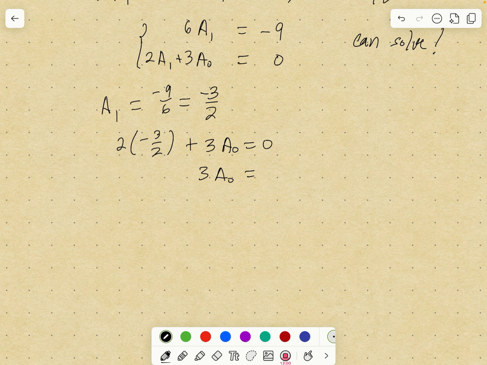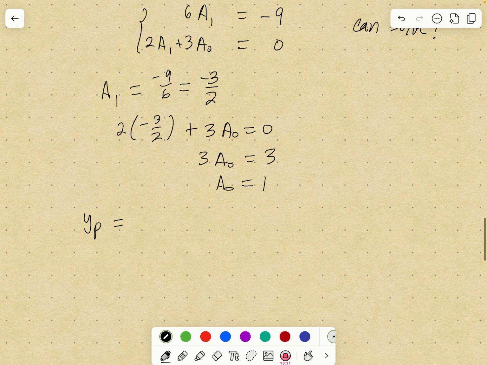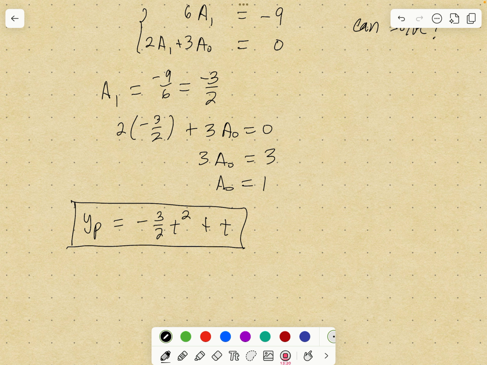Is that right? Yeah. And then a0 is 1. So our yp is going to be, what was it? It was a1t squared. So it's negative 3 over 2 t squared plus 1t. So this is going to be a solution to the differential equation. Okay?